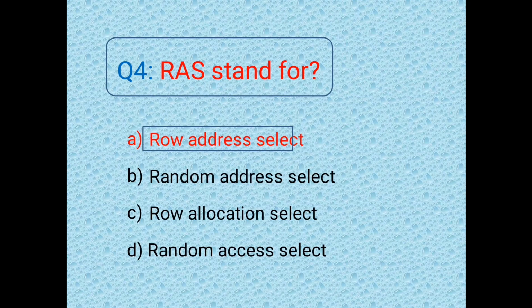So what is RAS? A memory array consists of cells, and each cell consists of rows and columns. So in order to access a particular row, row address select is used to access a particular row of a cell.